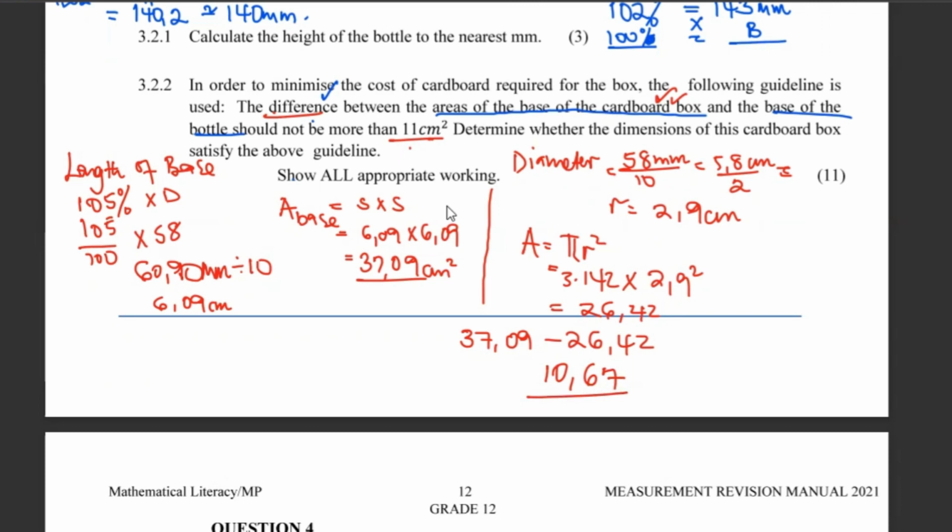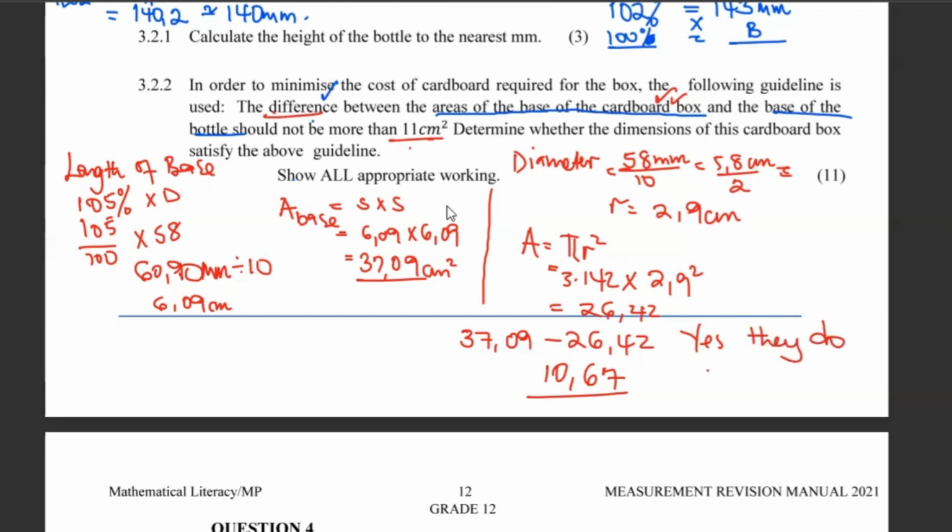So they are saying determine whether the dimensions of the box satisfy the above. So you conclude and you say, yes, they do.